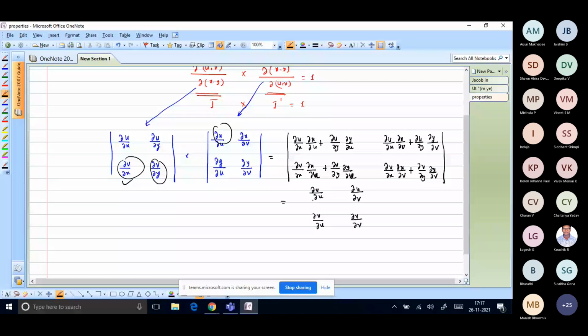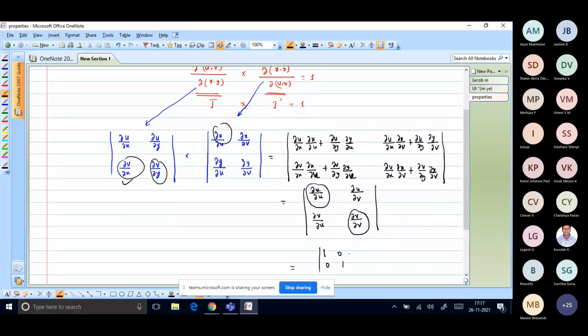Here del u upon del u is 1 and del v upon del v is 1. The remaining two quantities are 0, because I am differentiating u with respect to v, so it is 0. So this determinant has the value 1. Is it clear to all of you?